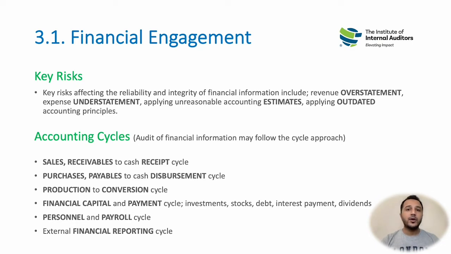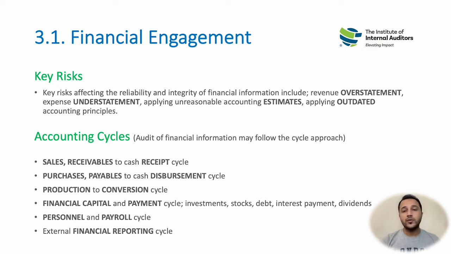Again, from raising a purchase order, or having a purchase agreement, or having a requisition to procure something, to making a purchase order, then recording the accounts payable or liability, and then finally making a payment. So this is another cycle.